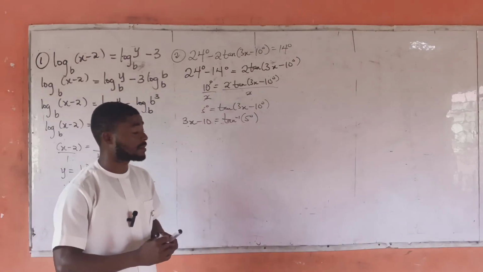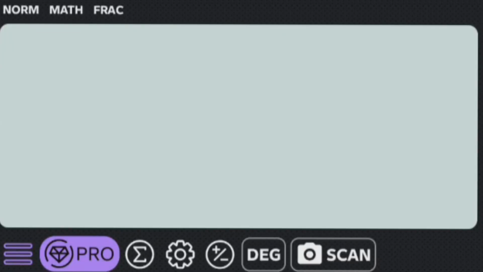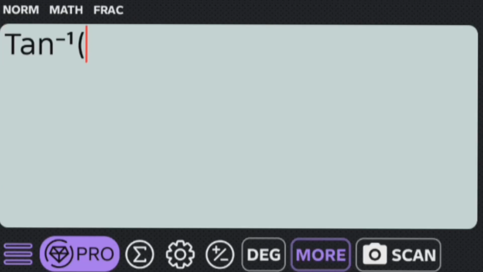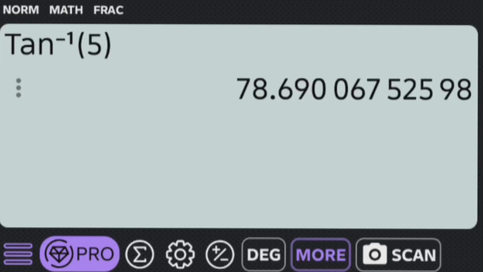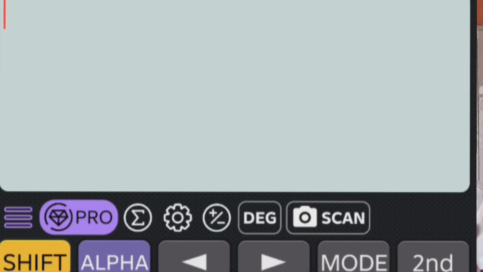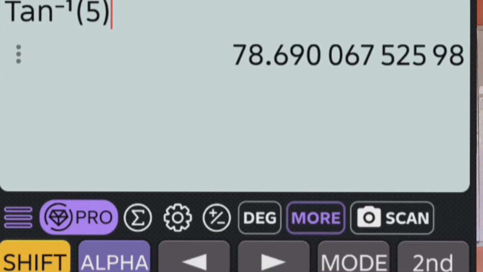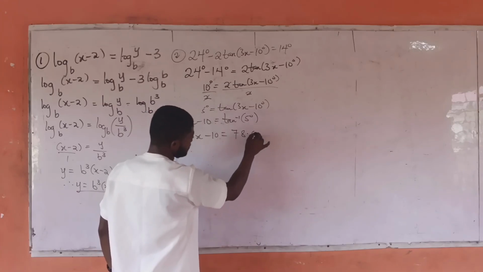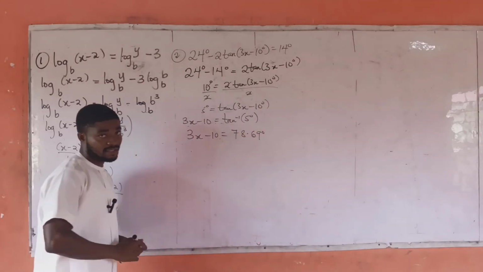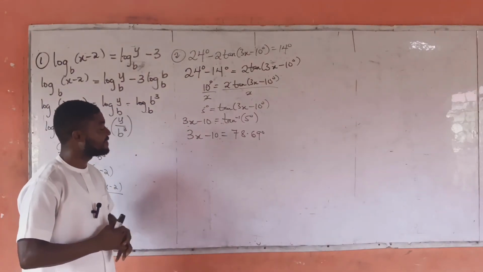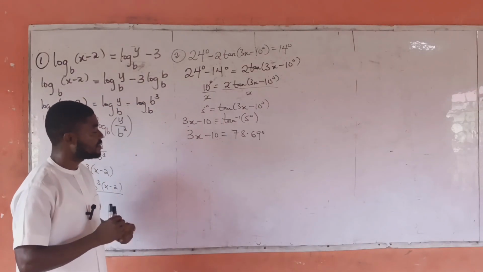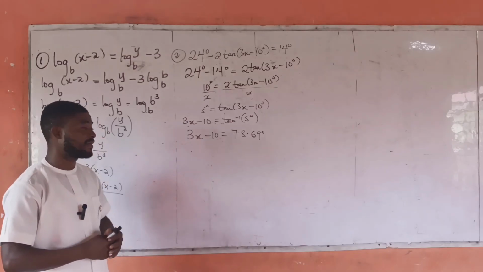So from the calculator on the screen, you can see that tan inverse of 5 degrees is going to give you 78.69 degrees.